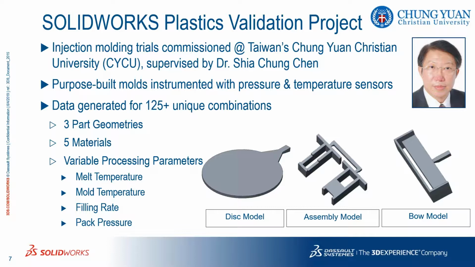What we do is take purpose-built molds that are instrumented with pressure and temperature sensors, and we actually mold a bunch of parts. In this case, more than 125 unique combinations of part geometry, materials, and injection molding processing conditions. You can see some of the parts that we made with this study.